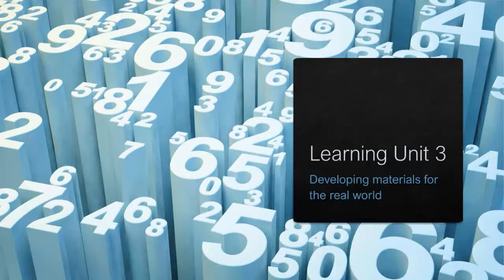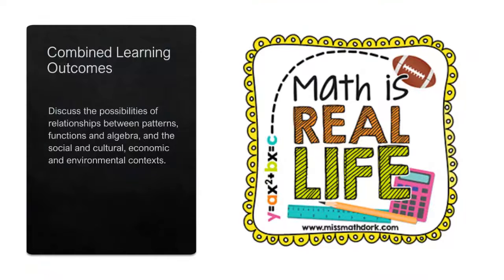Let's start with our learning unit 3, which is about developing materials for the real world. We've got math learning outcomes for this learning unit. You will see that it's divided into 3 themes, and I've combined the learning outcomes because the 3 themes are social and cultural contexts, environmental contexts, and economic contexts.